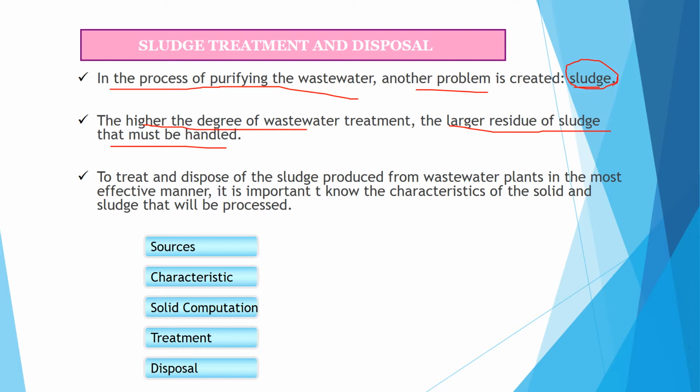So there are several factors that need to be considered to select the type of sludge handling system process. The first one is sources, and then characteristic of the sludge, solid composition of the sludge, treatment process, and then disposal.